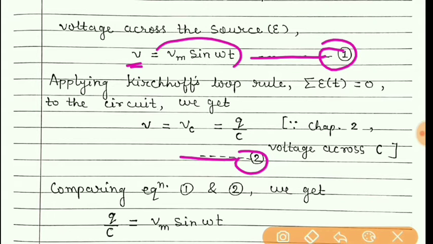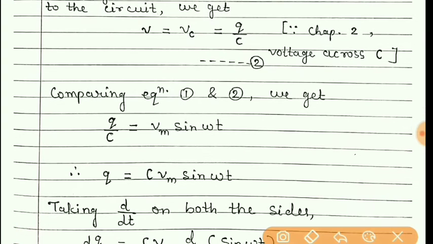V is equal to Vm sin omega t here, and here V is equal to Q by C. So we can say that Vm sin omega t is equal to Q by C. Making Q the subject, we will get Q equal to C into Vm into sin omega t. This C is brought here.